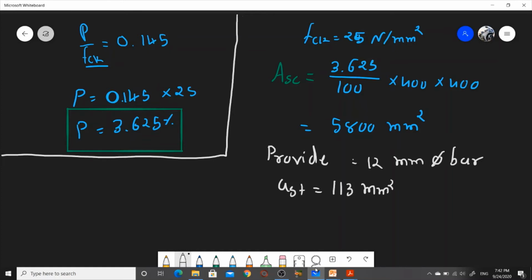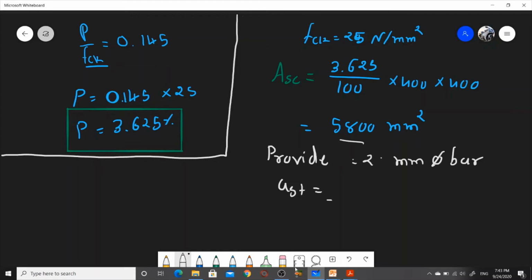But I assumed a 12 mm diameter bar, and here there is a big difference, so I'm going to change the diameter of the bar.